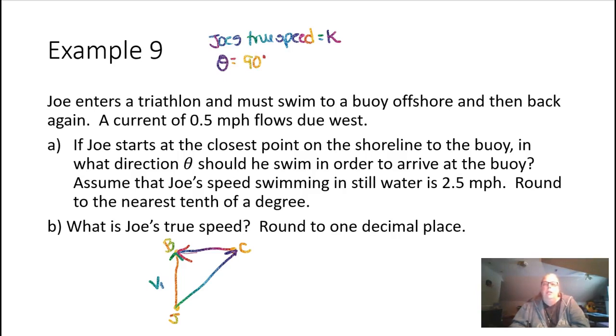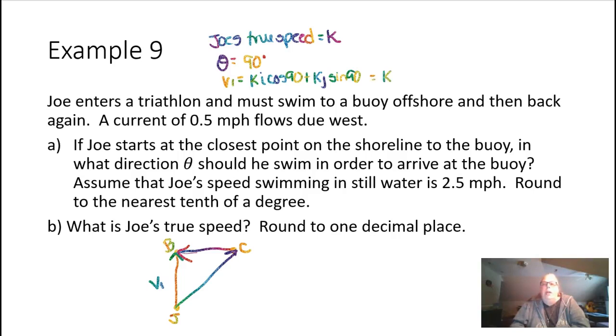And so if we put this into terms of i and j, we're going to have something that looks like v1 equals k times i times the cosine of 90 plus k times j times the sine of 90. Now, the cosine of 90 I know.